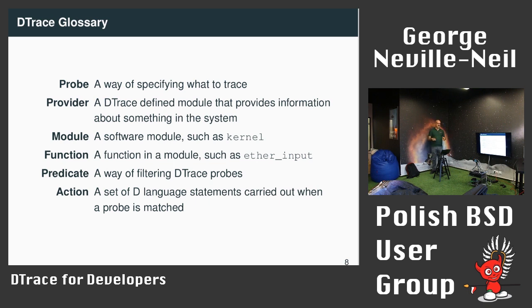But a predicate is a way of saying, even though I want you to look at all the write system calls, I only want you to execute the probe when certain conditions exist. So that was that arg2 not equal to 0. That's a predicate. And you need that because if you were right now on a busy FreeBSD box to turn on all system calls, like trace all system calls, the system would not crash.